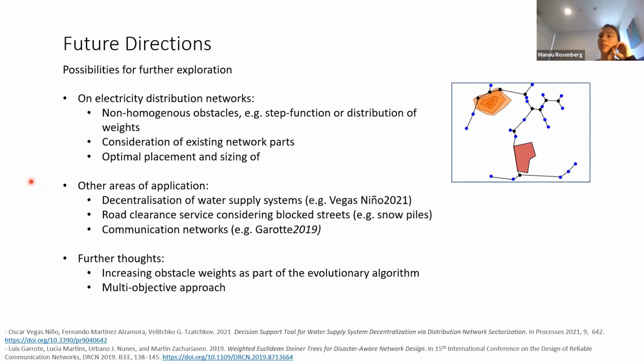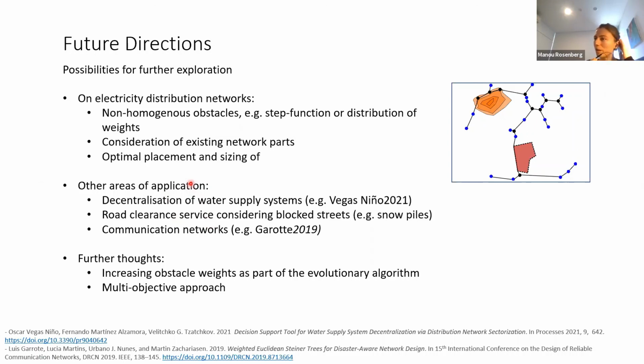There's the paper that I briefly mentioned before, where the application was communication networks in those areas. So I think that in general, the idea of looking at an optimized network and maybe splitting up the networks under the consideration of obstacles can be helpful in many areas. And yeah, maybe you have some further ideas as well.